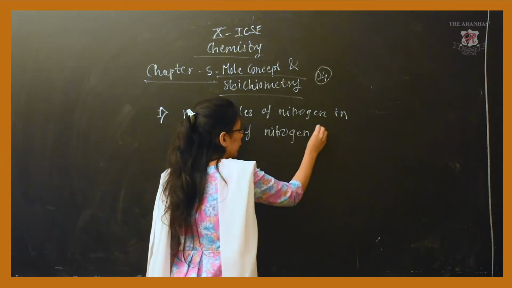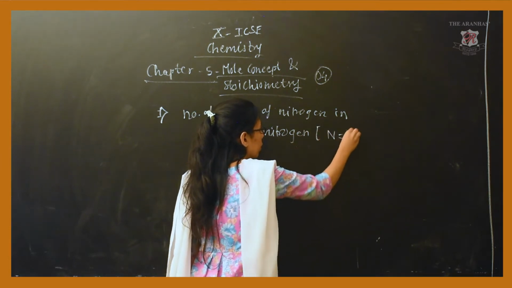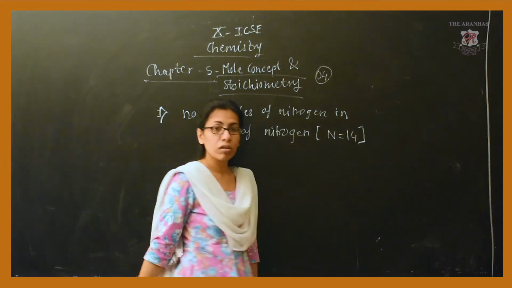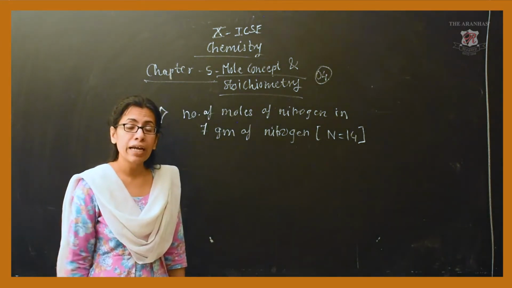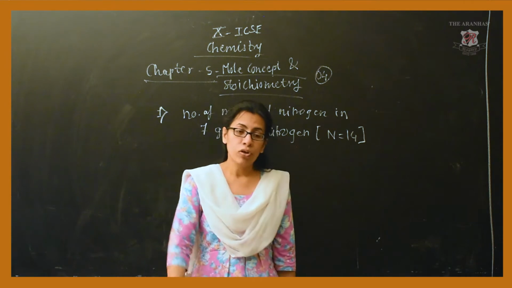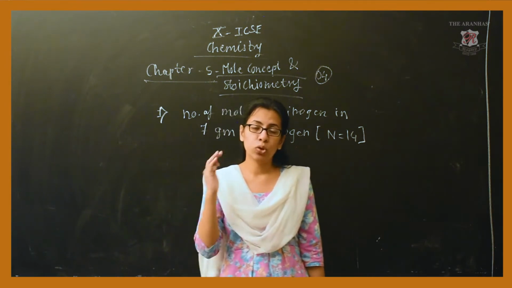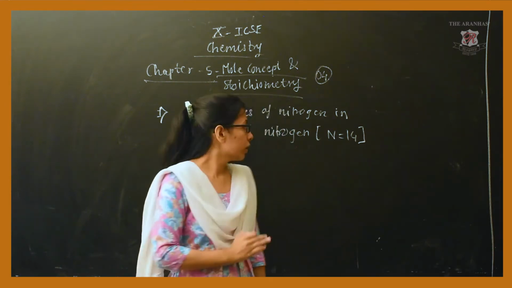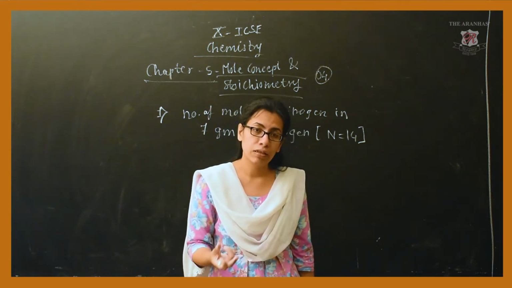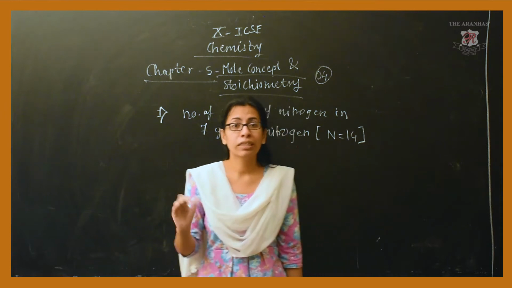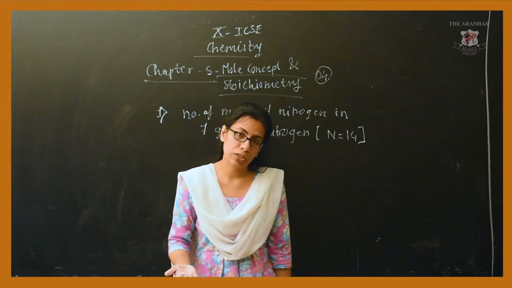Now, the given thing is, we have just mentioned N is equal to 14. What is the meaning of that? Always keep in mind, whichever numbers they give in front of the symbols of the elements, these stand for their atomic masses.